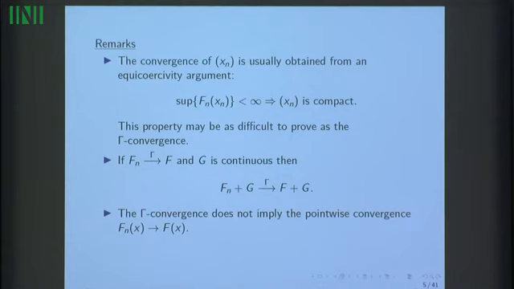Also, often intuitively we believe that gamma convergence is stronger than pointwise convergence, where Fn of x converges to F of x for fixed x. But it's not true. Gamma convergence is neither stronger nor weaker than pointwise convergence. So if we want this, we have to prove it separately.